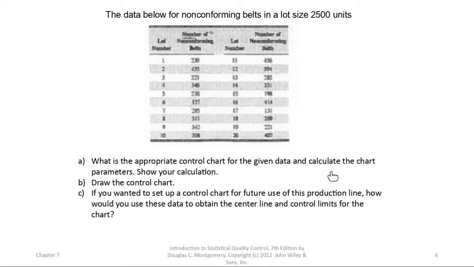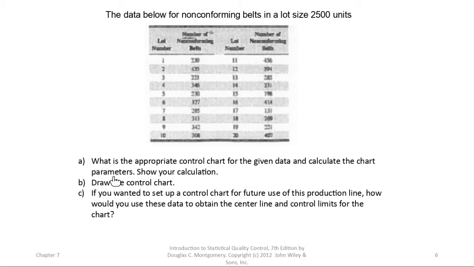Now, when we start calculating the chart parameters, the parameters always mean the upper control limit, lower control limit, center line, average, standard deviation, all the values used for the control chart.